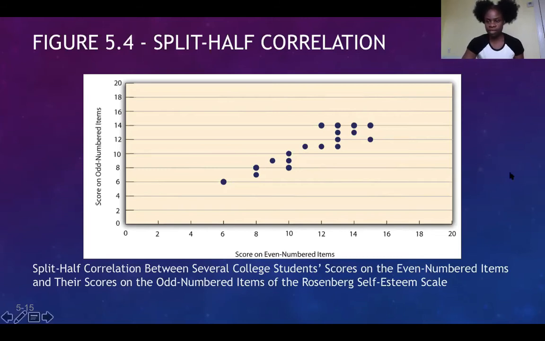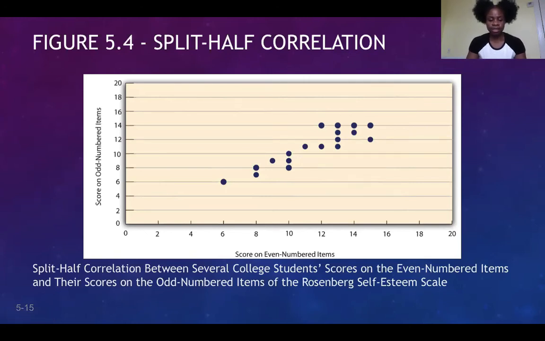Let me move my face up because my face is actually blocking this. Okay, here again, a split half correlation between several college students' scores on even numbered items and their scores on odd numbered items of the Rosenberg self-esteem scale. Okay, so once again, I want y'all to pause and check this figure out.